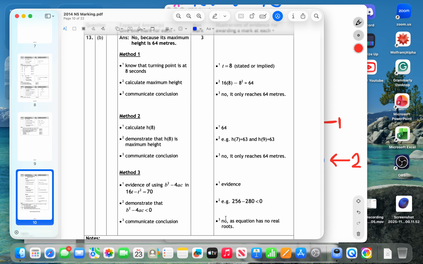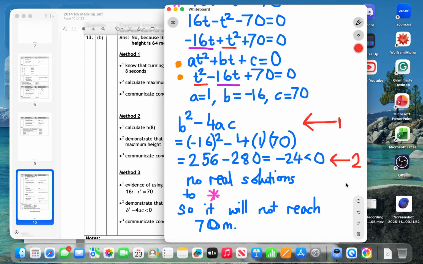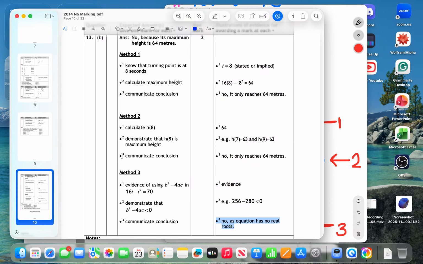If you have a look at the bit I've highlighted, the equation has no real roots, so it can't reach 70 meters, and that final justification is the 3rd mark. Okay, we'll then look at the other method. I feel as if methods 1 and 2 are very similar.